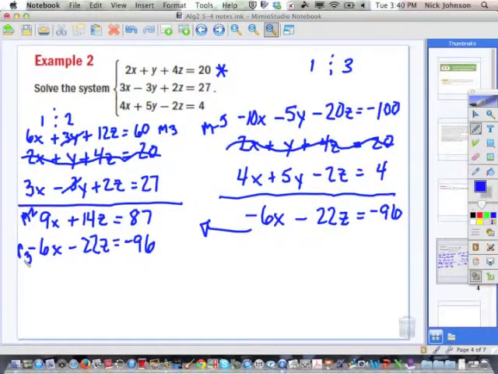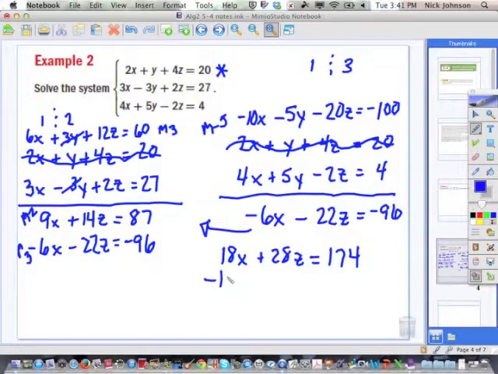If I multiply this by 3, it gives me a negative 18x. So I'm going to move that over here to give me a little bit more room. So it's going to be 18x plus 28z is equal to 174. We have to multiply by that 2 through everything.